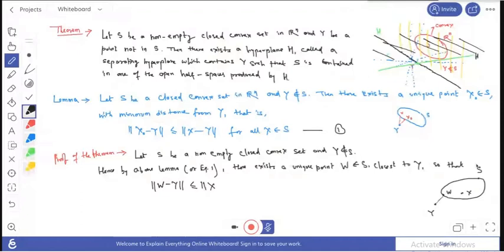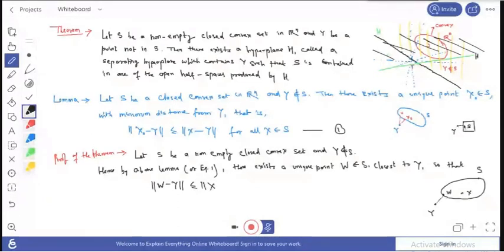Or in other words, if you take this type of closed set S and this point y, this distance is always the minimum one, basically the perpendicular distance.